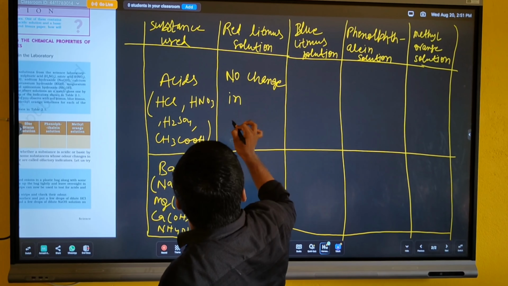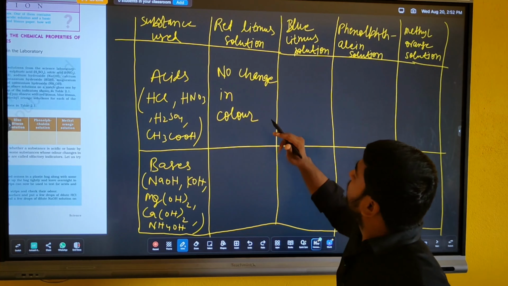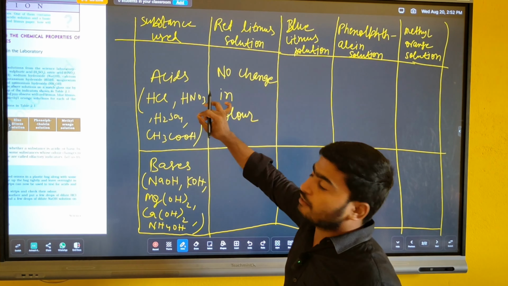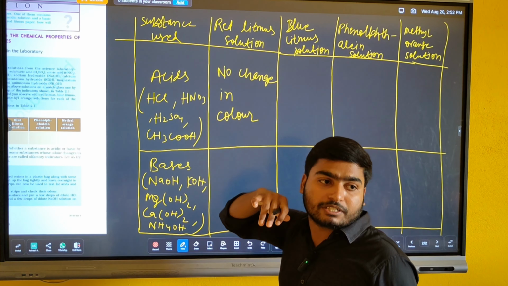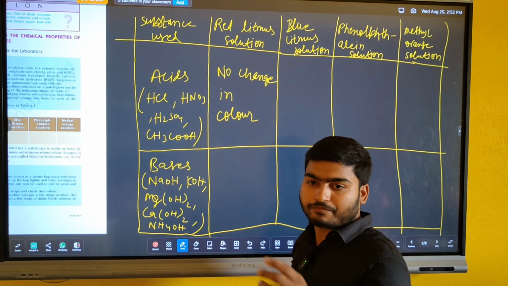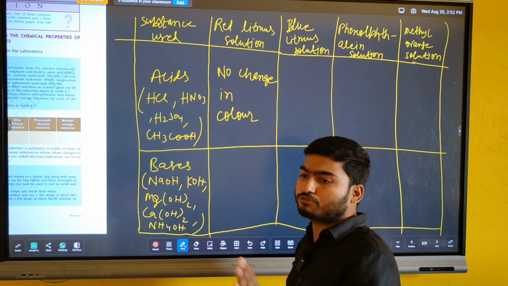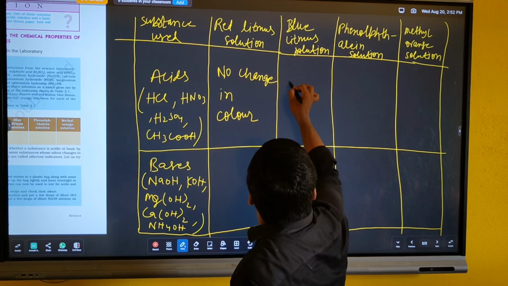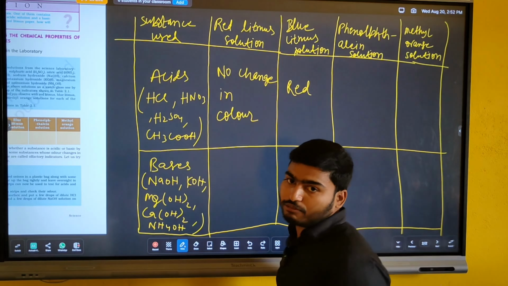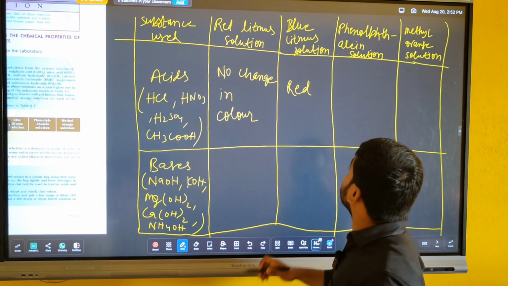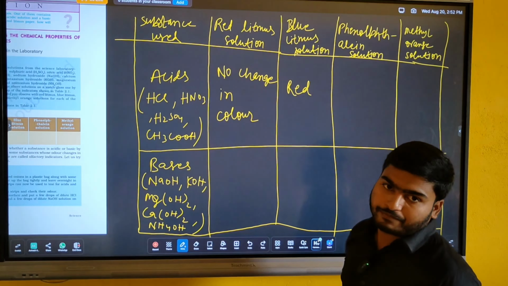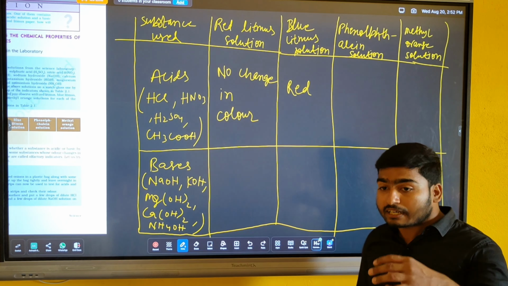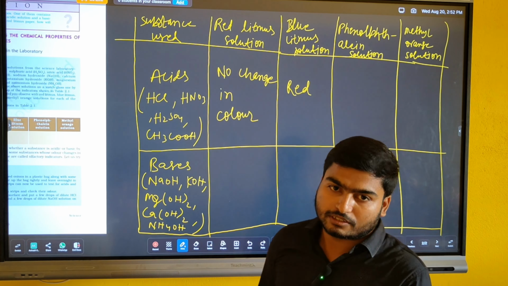No change in color. And when we put acid in blue litmus, you know that acid turns blue litmus to red. That is why the color will change to red. So the change in color will be from blue to red, right? Now next, phenolphthalein, which is naturally colorless, right?